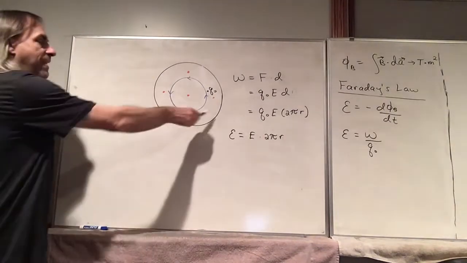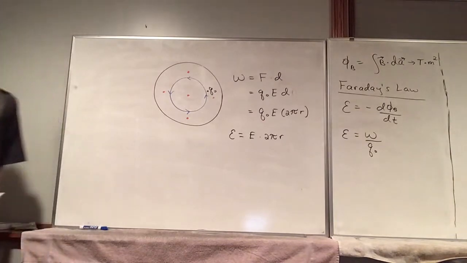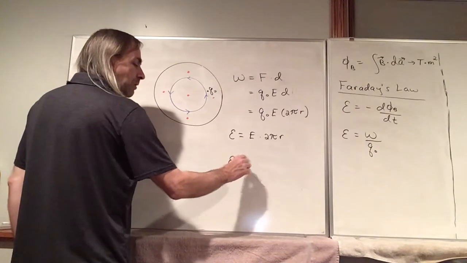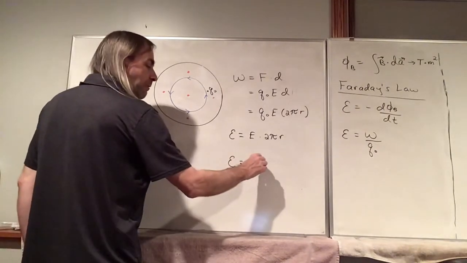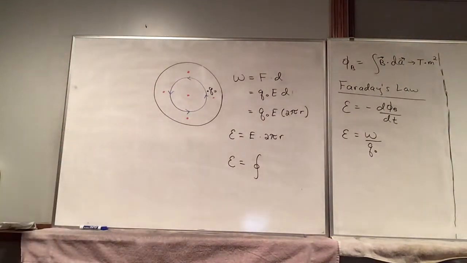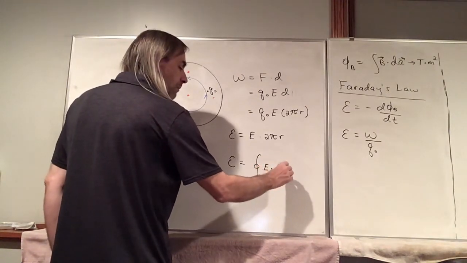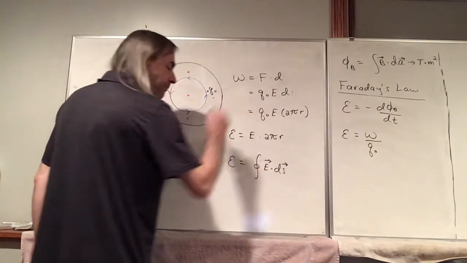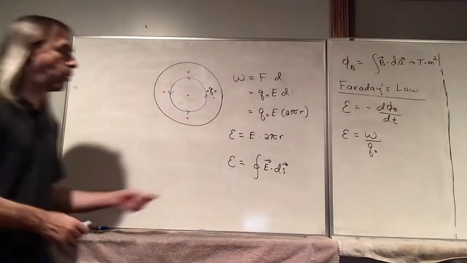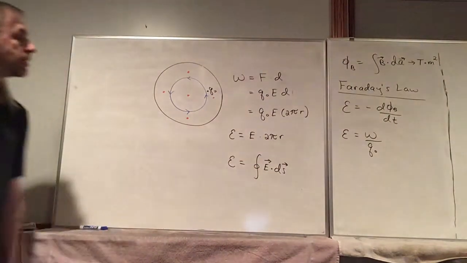And again, that's just in this particular case when we're going through a circular path and we have circular electric fields. But in general, the EMF we can write as a line integral. So we would basically just do the same thing in a more general path. So the EMF in general, we just look at the work, which we'd write as this line integral, and when you divide by the charge, we'd get this result.